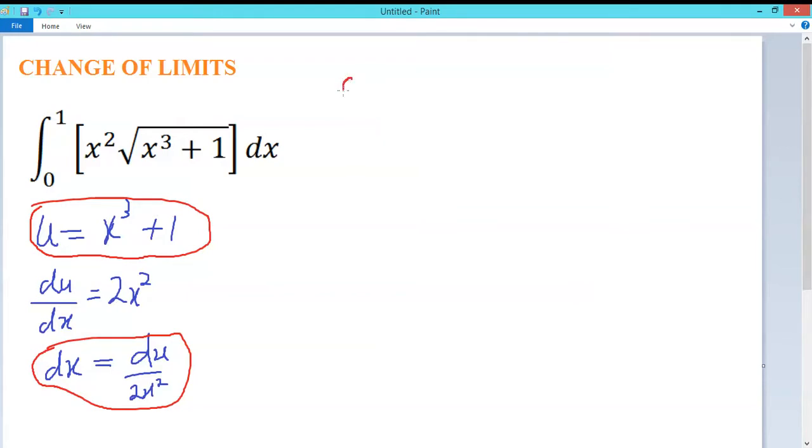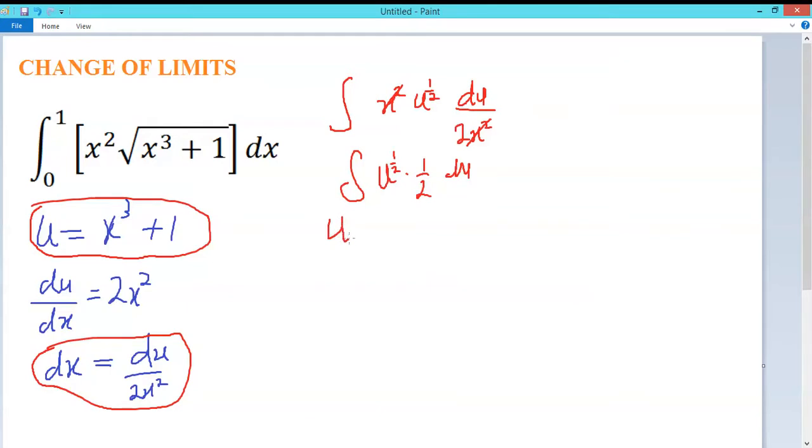So we're now going to integrate x squared times u raised to the power half times du over 3x squared. So this will take care of this. So we are integrating u raised to the power half dot 1 over 3 du. Then we need to find the value of our limit.